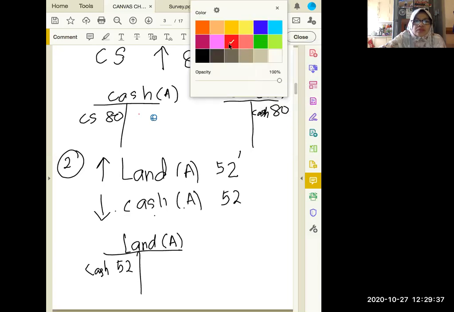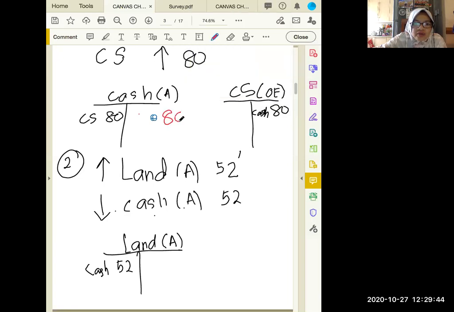Here, you have to credit your cash. Why do you credit your cash? Because there's a reduction, a decrease in your cash account. When there's a decrease, it means that you're going to credit the account.